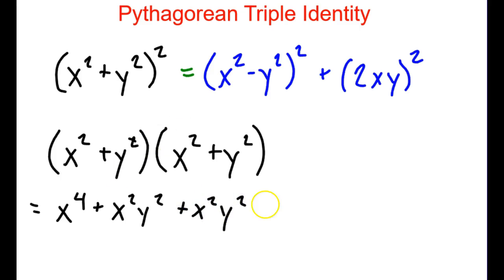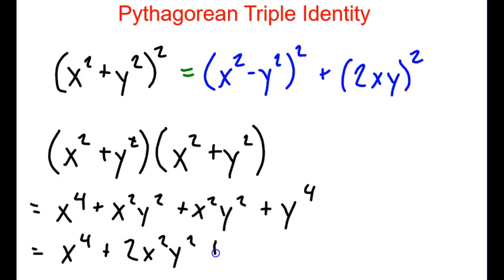And then y squared times y squared is y to the fourth. Combining like terms, we have x to the fourth plus 2x squared y squared plus y to the fourth.